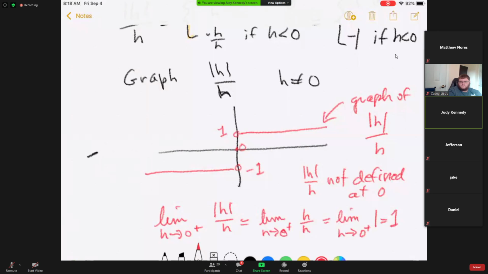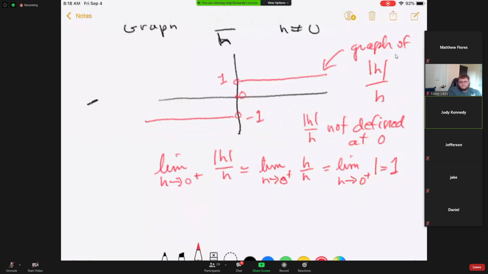That limit is 1. The limit from the right is 1. The limit from the left, well, you can see it on the graph. It's going to be minus 1. Let's write it all out, though. Well, the absolute value of h when h is less than 0 is minus h.